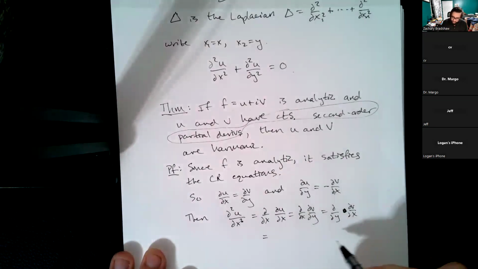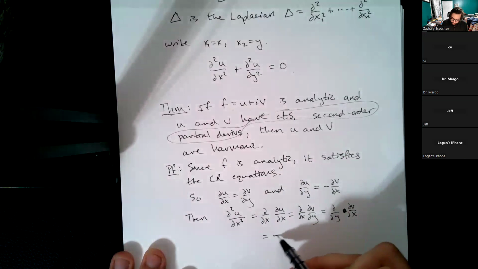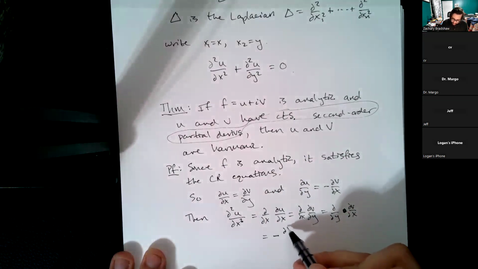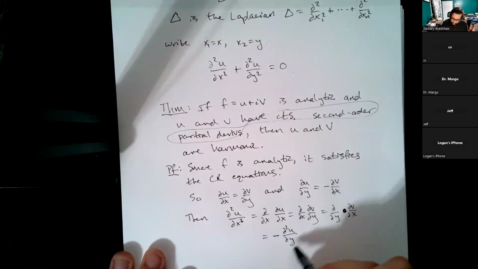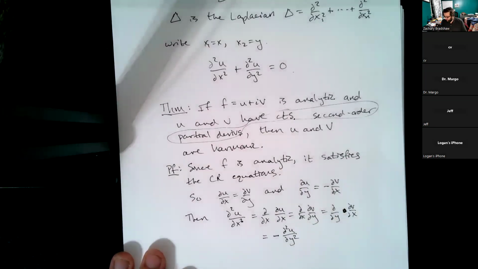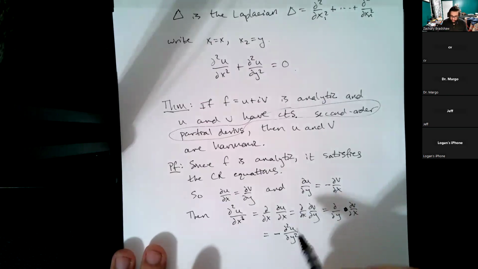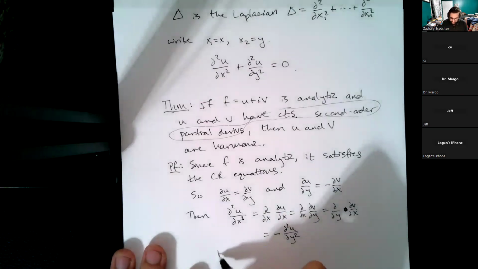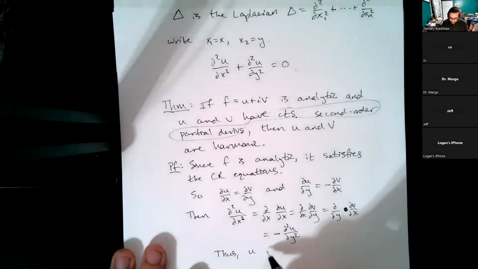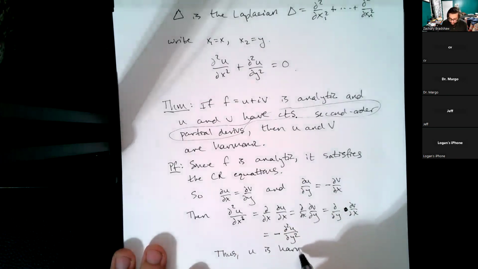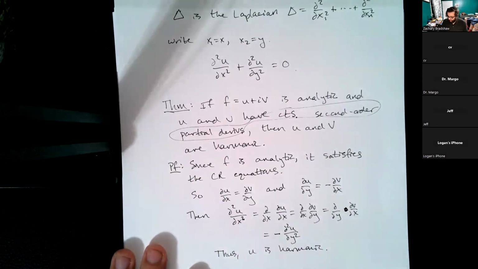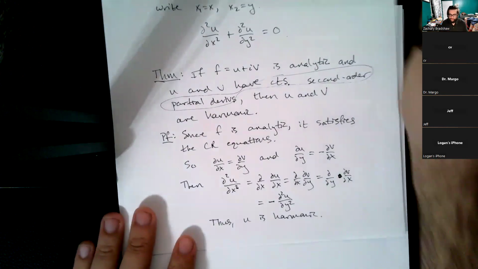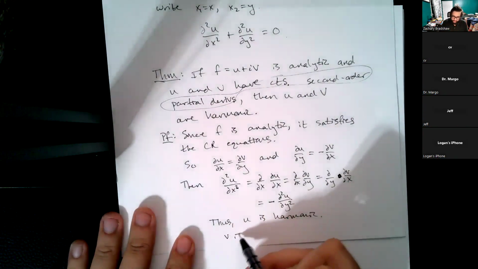And so this is equal to, we get a minus sign, and we're going to have two y derivatives now. Okay, so then we add this guy back over and we see that it satisfies Laplace's equation, thus u is harmonic. And rather than go through basically the same steps again, I'll just say that v is similar.